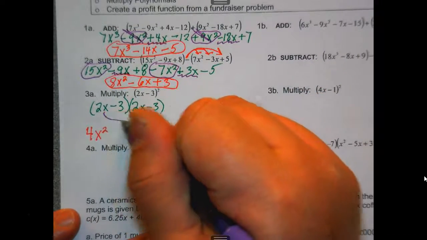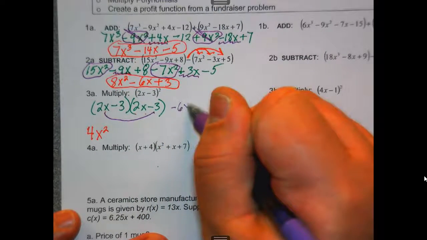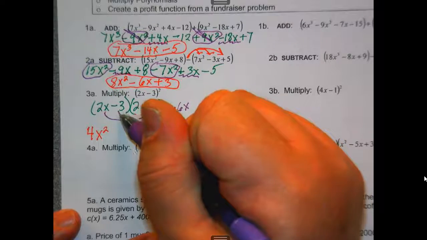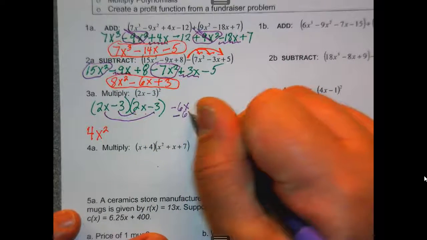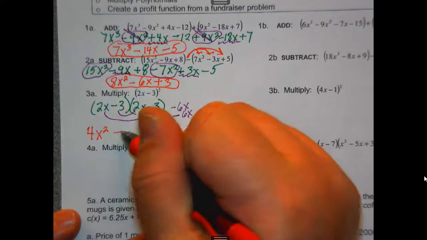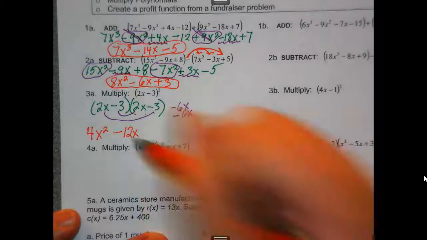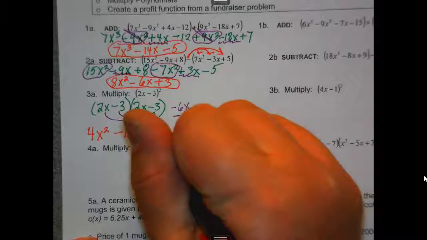Outer 2x times negative 3 is negative 6x. Inner negative 3 times 2x is negative 6x. Add those together, I get negative 12x. And the last one, negative 3 times negative 3. Positive 9.